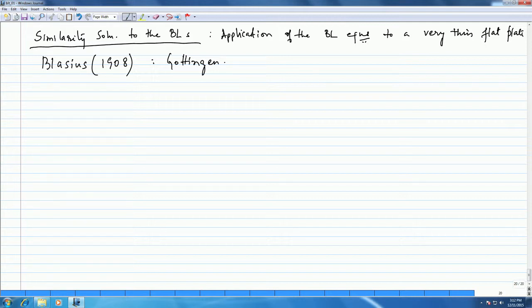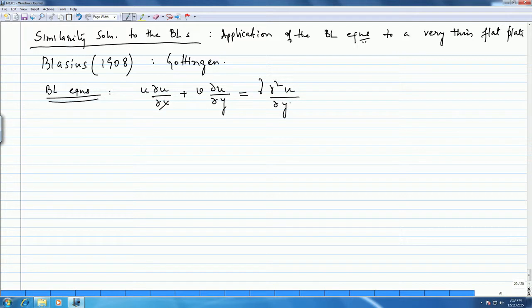Okay, so let's start. These are the boundary layer equations, again the dimensional form, which we finally went back to after we derived the non-dimensional form. So the boundary layer equations are u del u del x plus v del u del y is equal to nu del 2 u del y2.